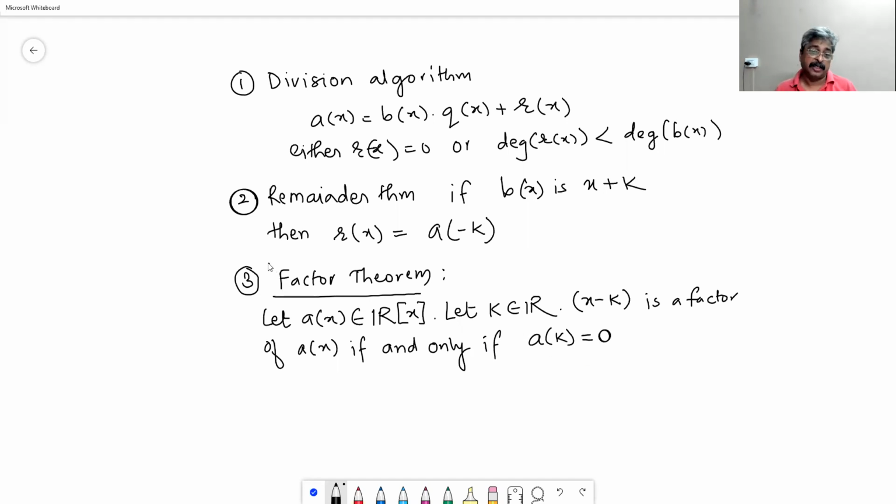This is what is factor theorem. So if a of k is 0, x minus k is a factor. If x minus k is a factor, a of k will be 0.